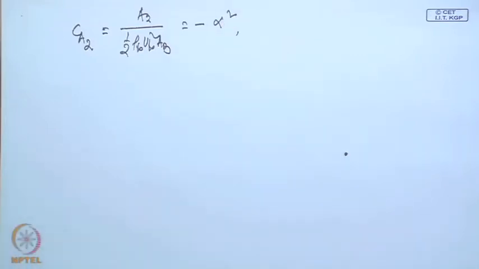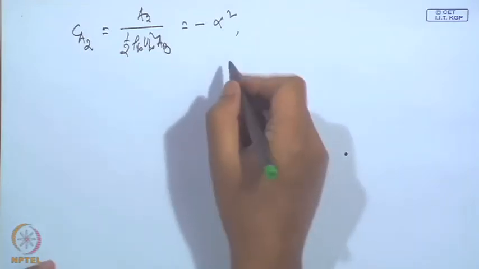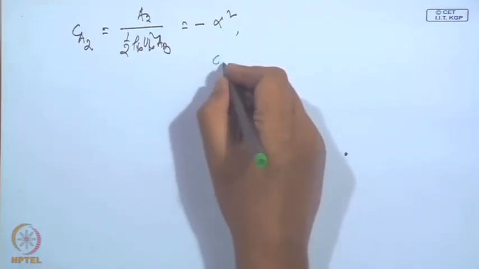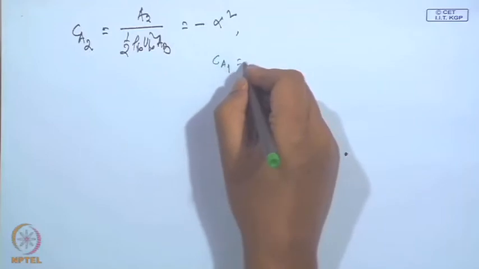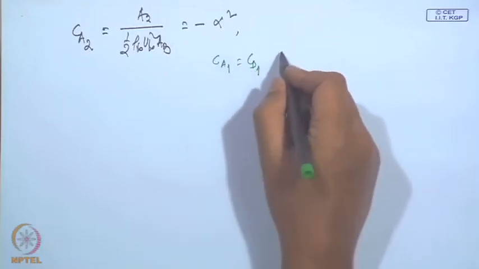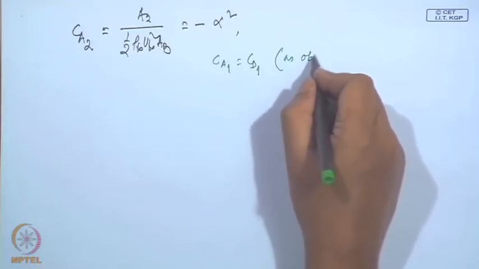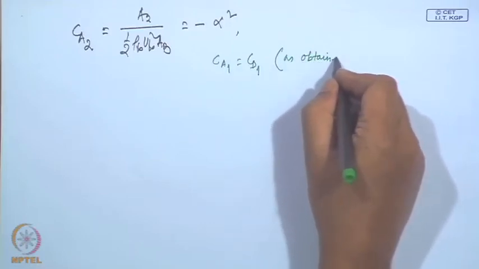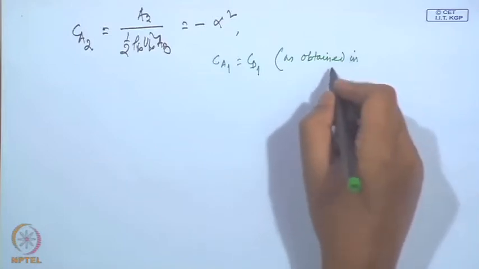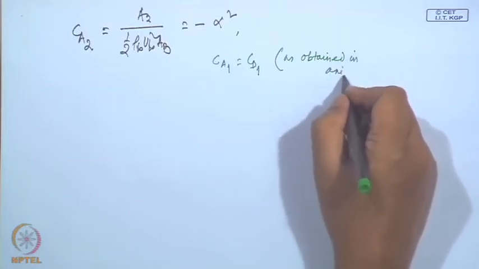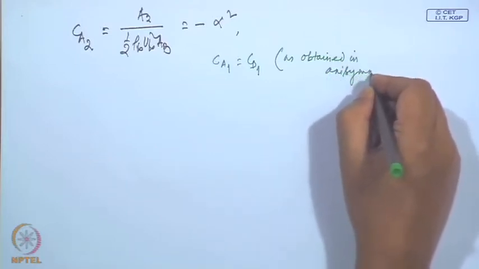The C A 1 is eventually that C D 1 that we have for the axisymmetric flow case.